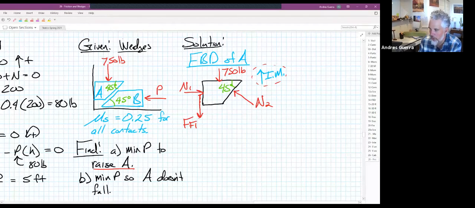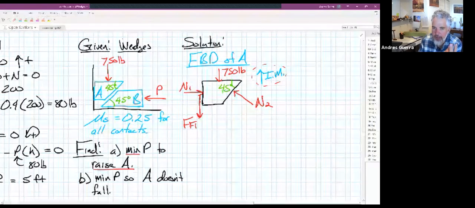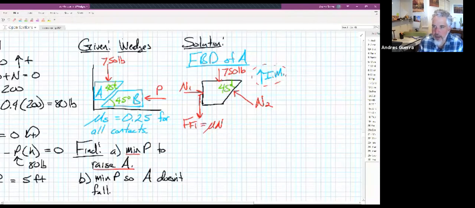Based on our problem statement, anytime we see minimum, maximum, impending, like we saw in the previous one, that means it's at the limit. And mu times N is at that limit when we're at the verge of sliding. So yes, that one will be equal to mu times N. Now, how about over here at N2? That one also has to oppose impending motion. In general, impending motion is going up.